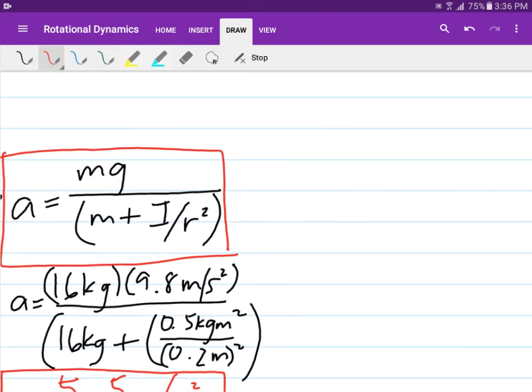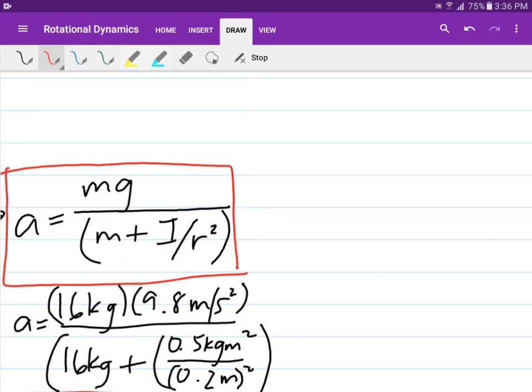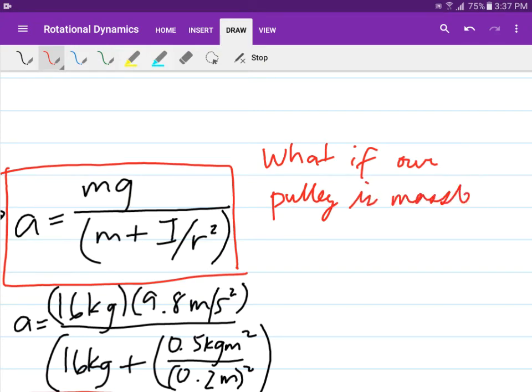Now take a look at this equation. Let's ask what if our pulley is massless? If it is massless, it will have zero moment of inertia, so this will be 0. Our acceleration will be a equals mg over m.